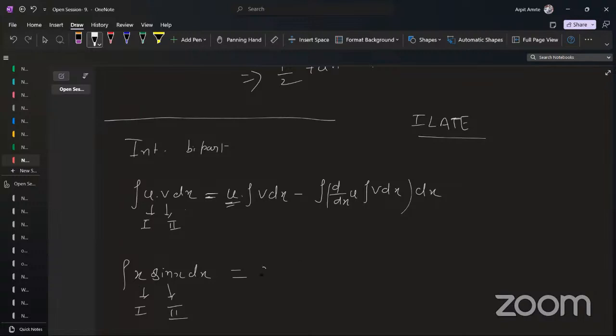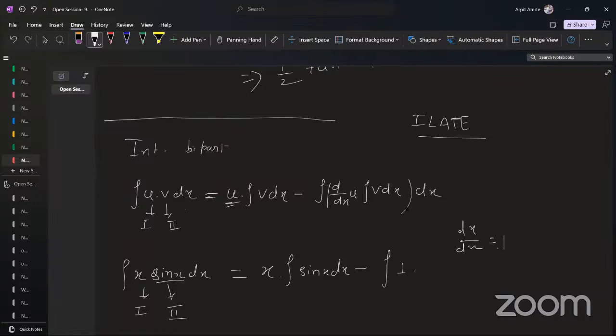So right now this is my first function and this is my second function. First function as it is, then the integration of the second function, the integration of sin x dx, minus the whole integration of the differentiation of the first function. The first function is x, so the differentiation of x is 1, since dx by dx is 1.